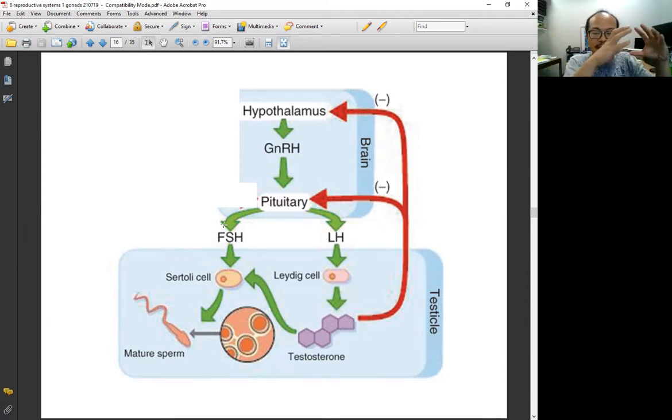If it's male, then FSH acts on sperm development. And the cell to support the sperm development is the Sertoli. So it acts on the Sertoli to promote sperm development, spermatogenesis. LH, on the other hand, will act on the Leydig. Leydig will produce testosterone.